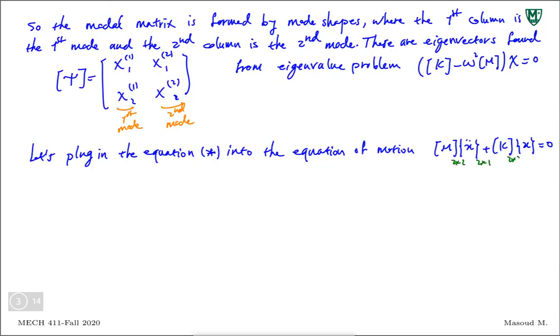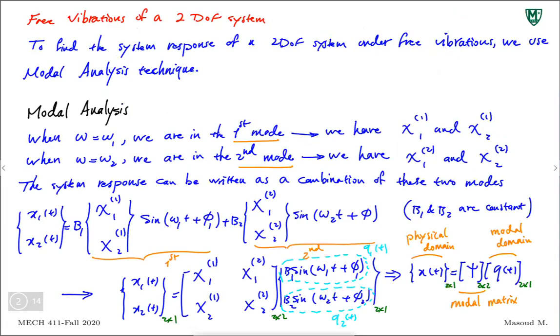M is a 2 by 2 matrix, x a 2 by 1 vector. Now let's plug in the transformation. I'm going to put the star here, this transformation, relationship, modal analysis. This is, I would say, the fundamental equation in modal analysis. This is basically just a transformation.